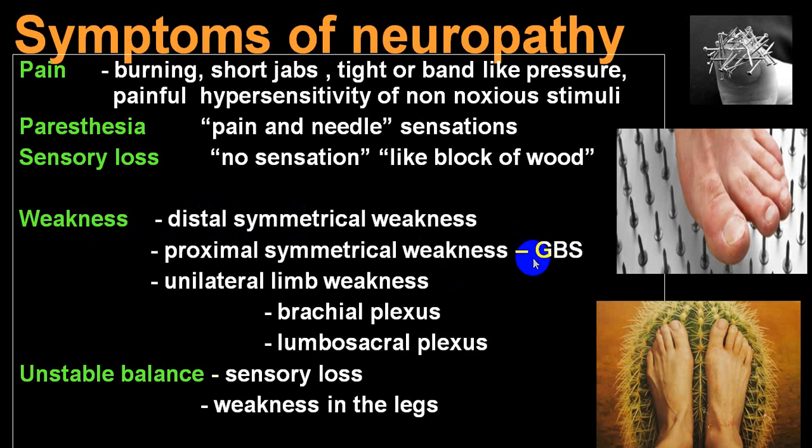In GBS, it can be distal with proximal. It can be unilateral limb weakness, classical in case of a brachial plexus or lumbosacral plexus.